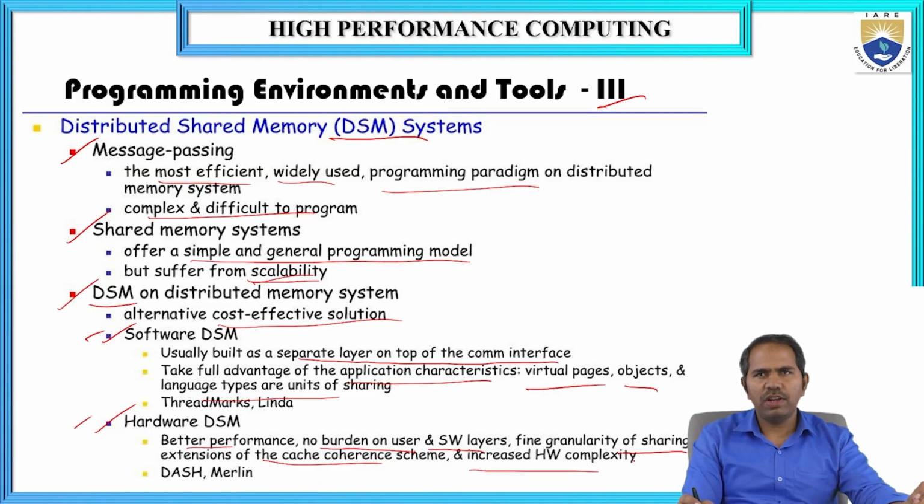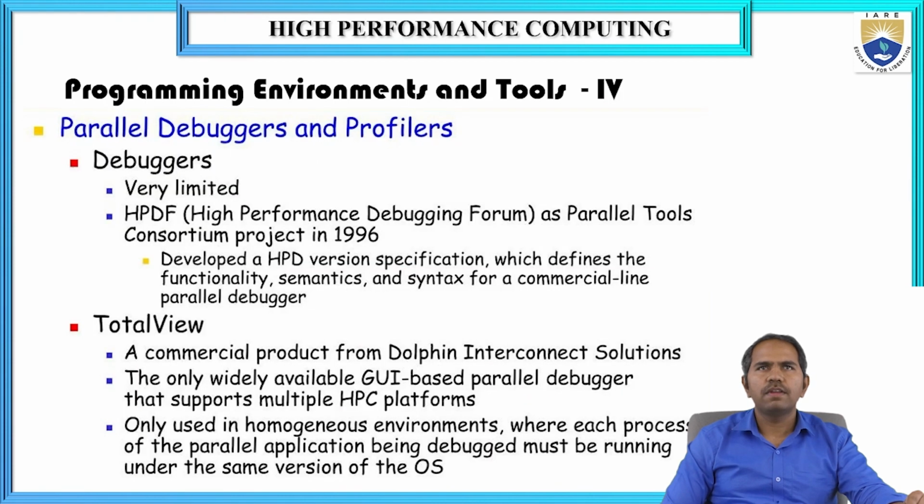Examples are DASH and Merlin. So this is the third level of programming environment and tools, DSM systems. And the fourth level is parallel debuggers and profilers.